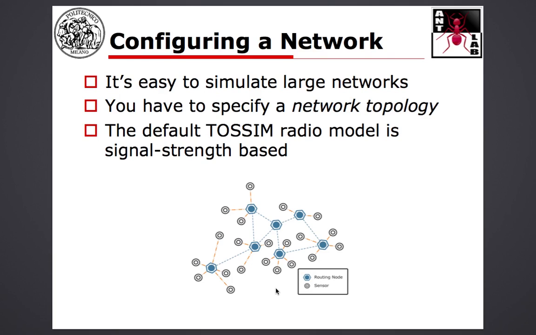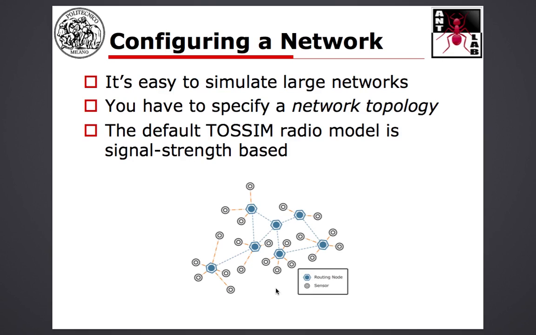Okay? So in Kuja we have seen that you can move nodes inside or outside each node's communication range. In Tossim, you have to specify a priori what is the network topology, meaning what are the links that go from one node to another node, and we will see also what is the quality of each link.